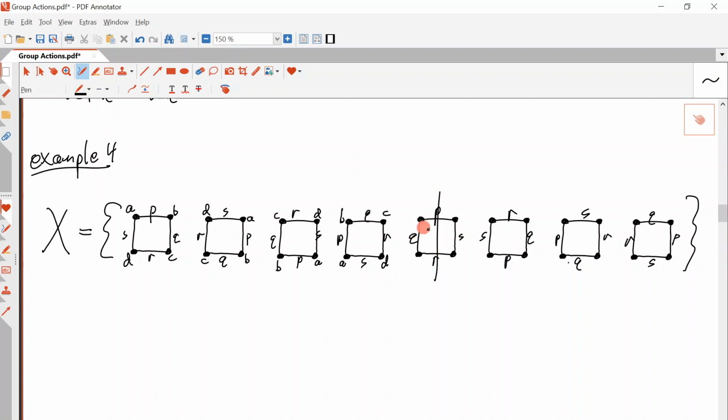P and R stay the same, and then A and B get swapped, and D and C get swapped. Reflect along the horizontal, D and A get swapped, and C and B get swapped. Around here, well, A and C stay the same, and then D and B get swapped.